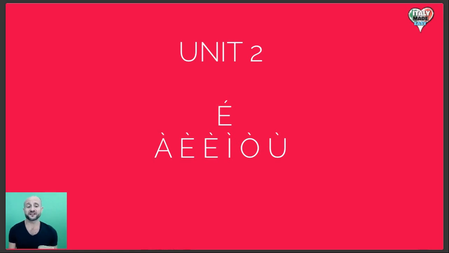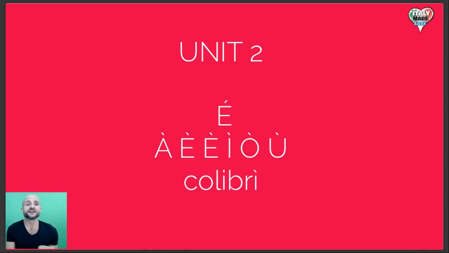So, for example, a bird, don't ask me what it is in English, it's colibrì. The only reason the accent is there is to tell you that you should emphasize the brì.